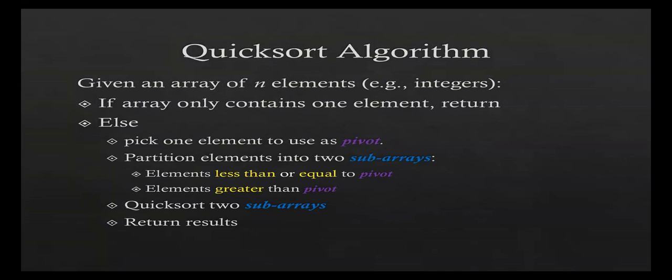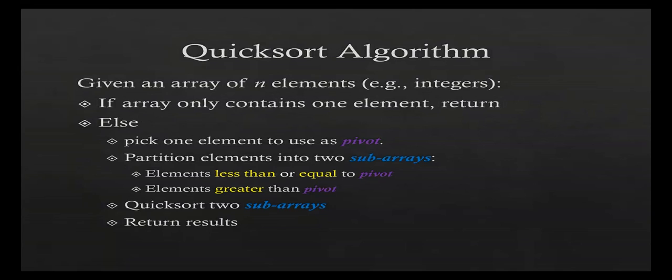It is already sorted. If it contains more than one element, then we need to sort the elements. In that case, we will choose an element as a pivot, because the pivot actually drives quicksort. We will learn what a pivot is and how to choose the appropriate pivot later.